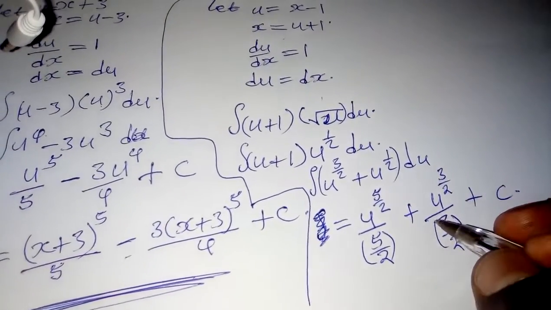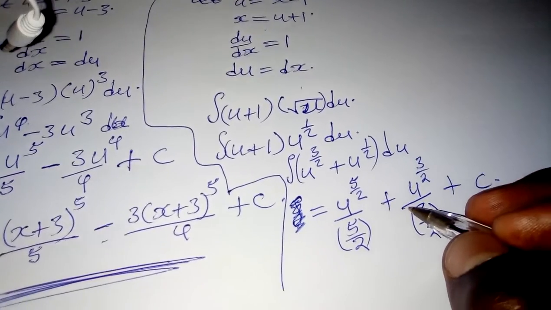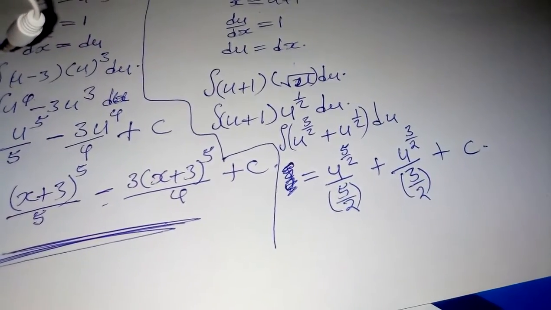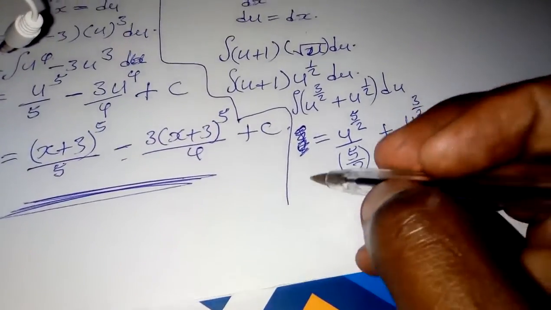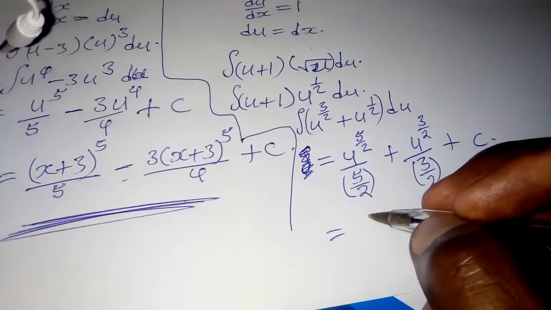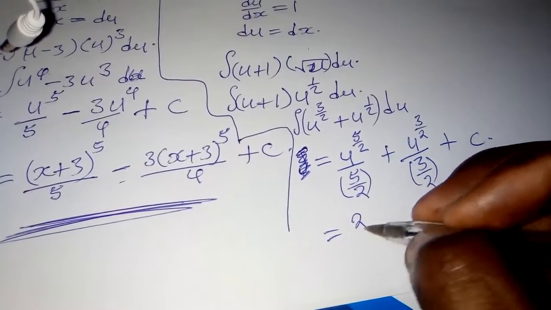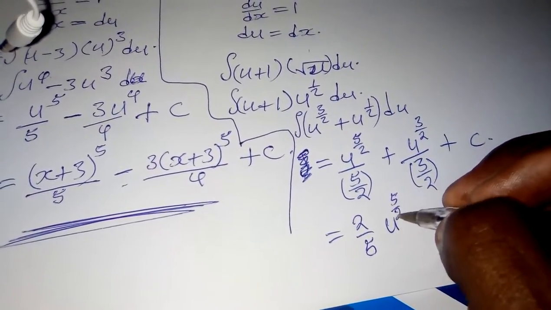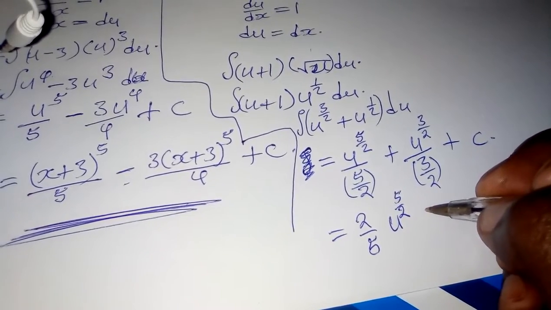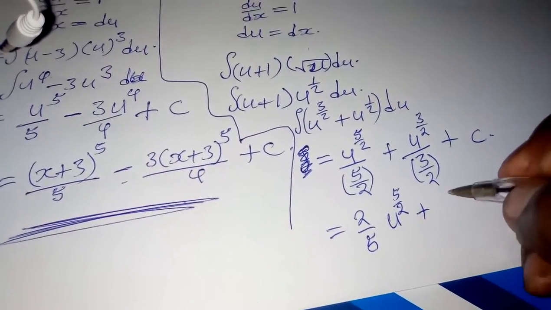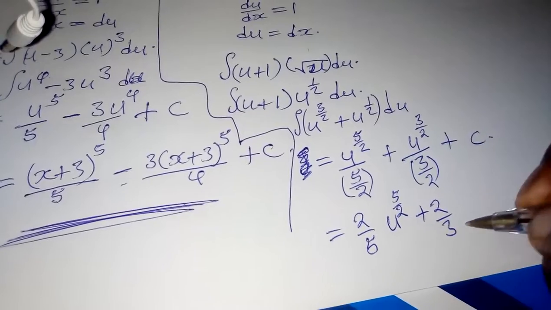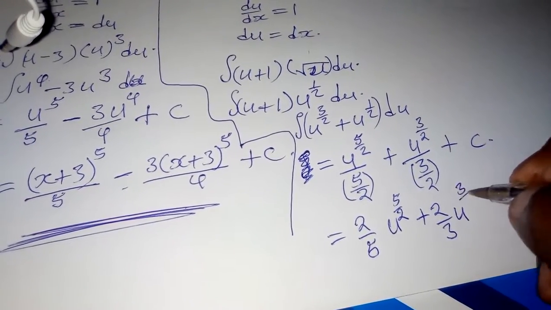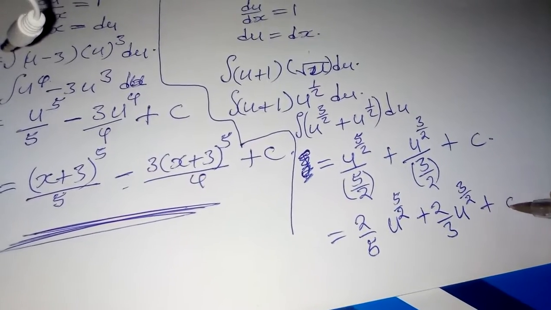From there you can simplify it further: you're going to have 2 over 5 u raised to power 5 over 2, plus 2 over 3 u raised to power 3 over 2, plus c.